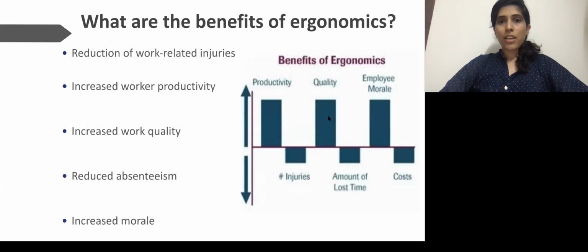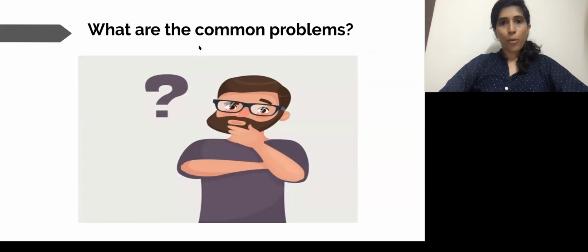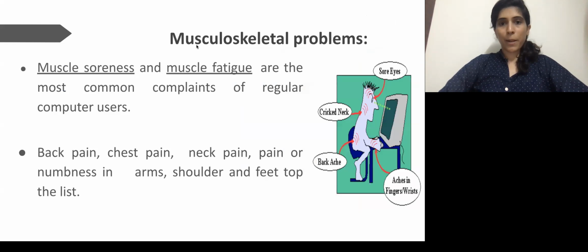There is an increase in the quality of work, and a decrease in the time lost to pain-related issues, because of which they would take more time to complete the task. Overall, employees' morale increases, and it is cost effective advice that can reduce future injuries.